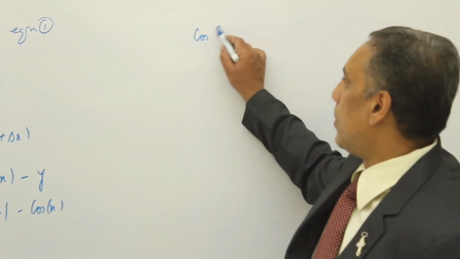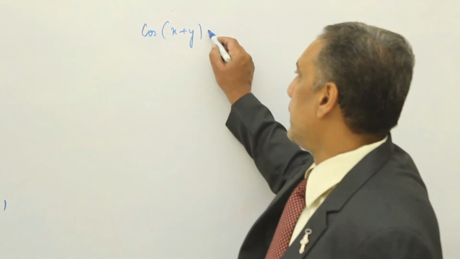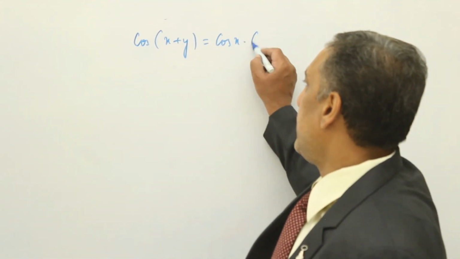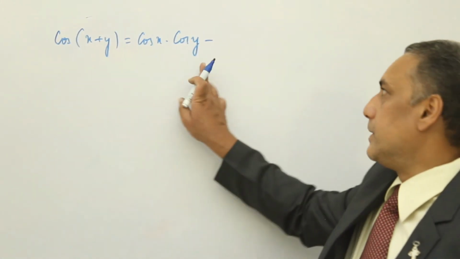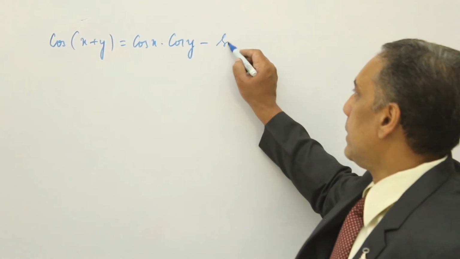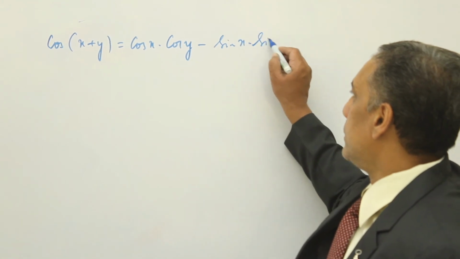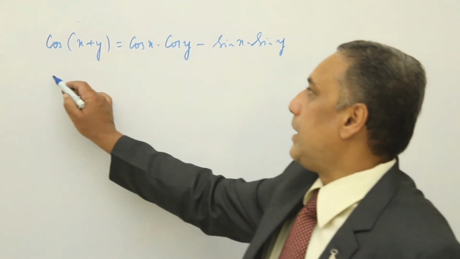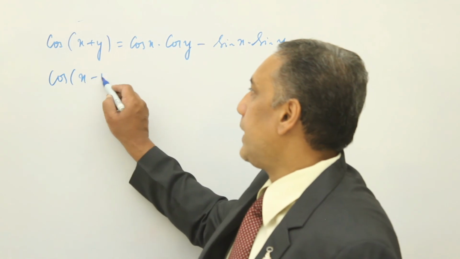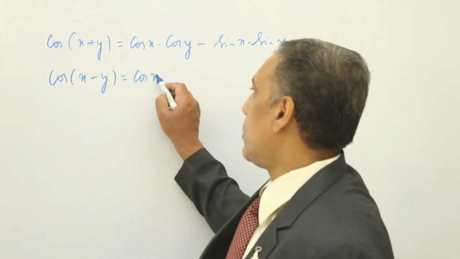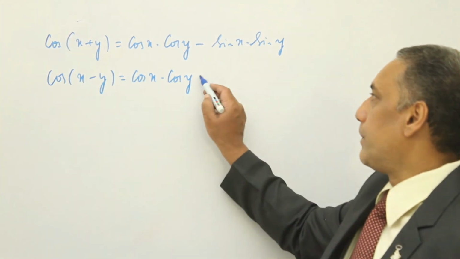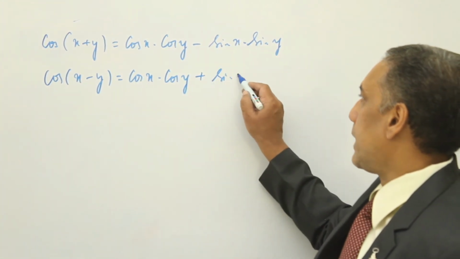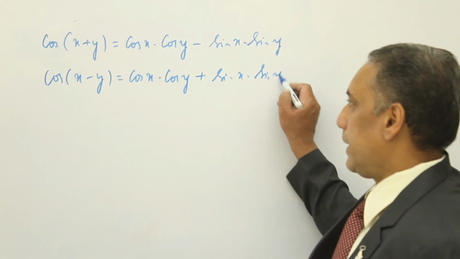Cos of x plus y is cos x into cos y, minus, if it is plus, this becomes minus, sin x into sin y. Similarly, for cos of x minus y, you have cos x into cos y, and if this is minus, this will become plus sin x into sin y.